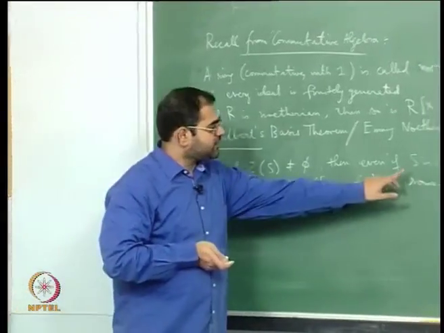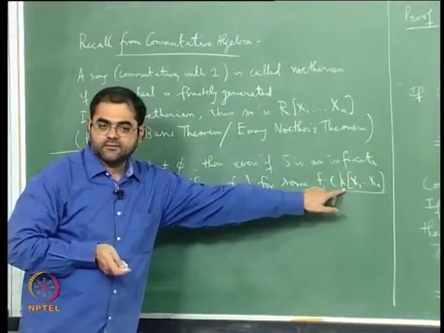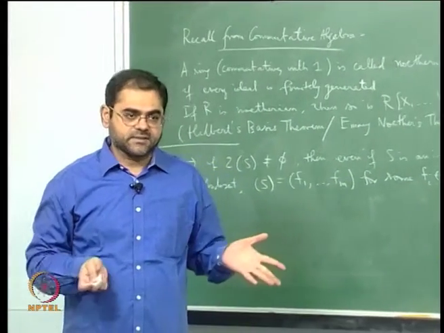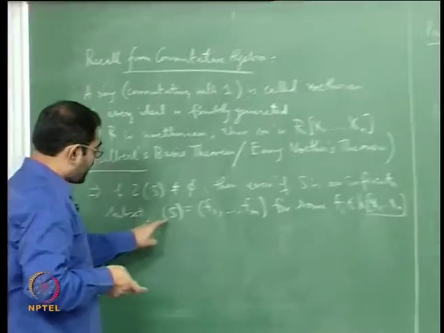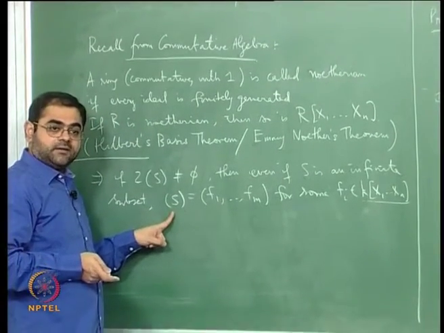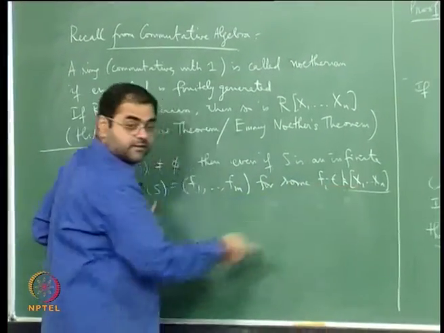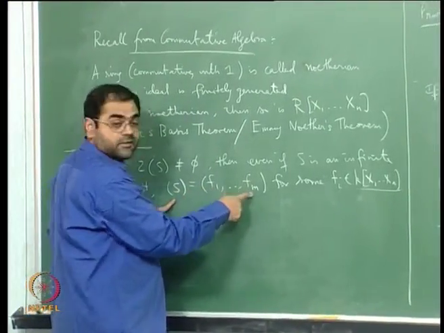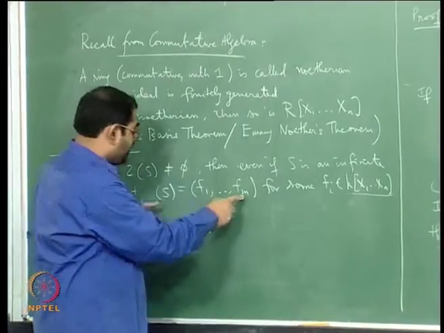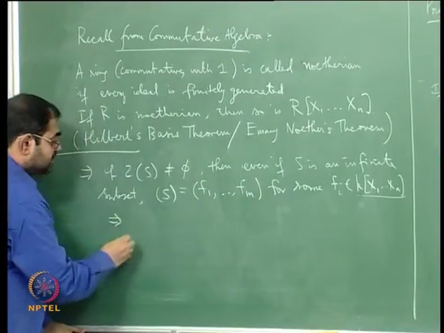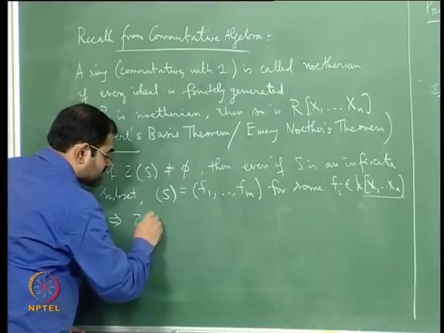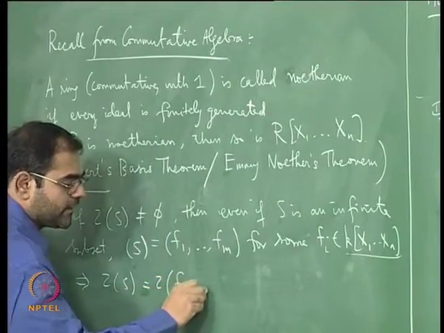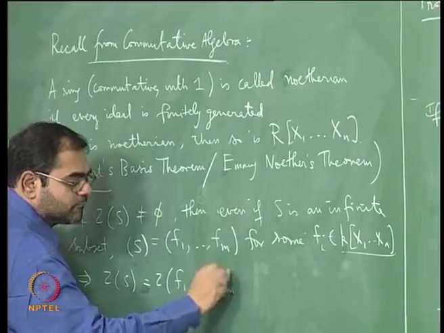So if I start with a subset S of that, even an infinite subset, and pass to the ideal generated by that subset, because it is an ideal in this Noetherian ring, it is finitely generated, which means it is the ideal generated by finitely many polynomials. So this implies that Z of S becomes just Z of F1, etc., Fm.